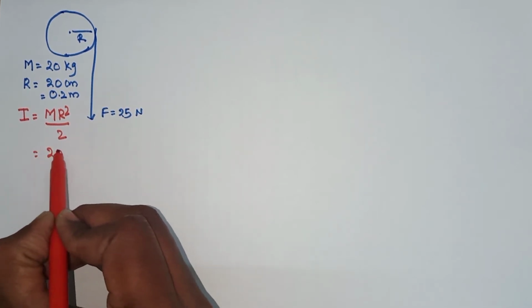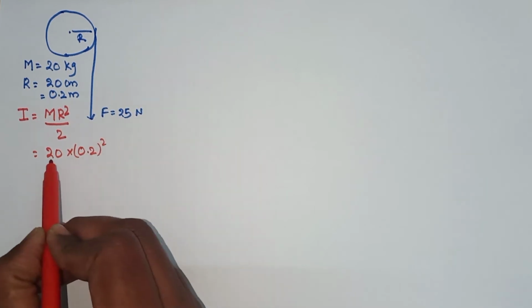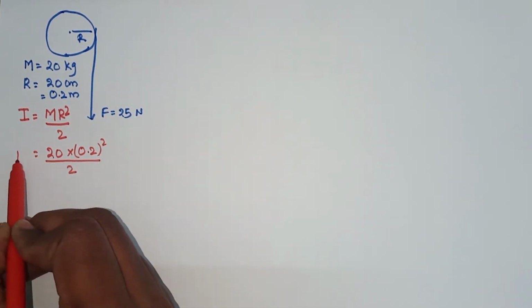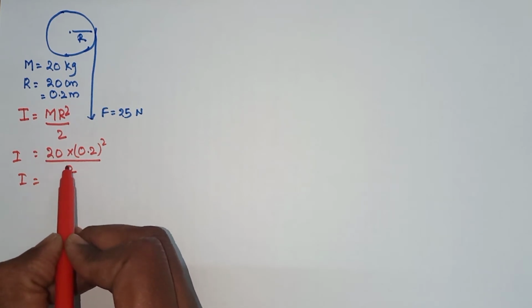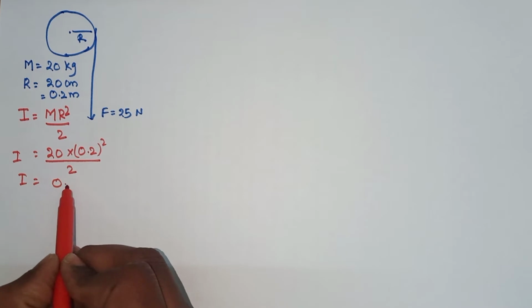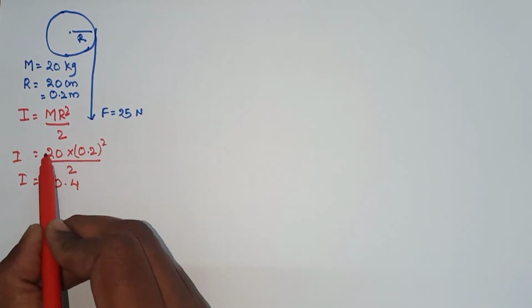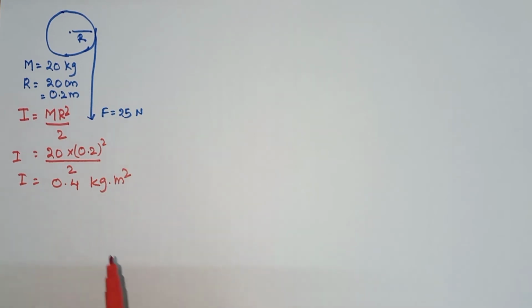M is 20 kg, r is 0.2, whole square, by 2. I is equal to 10 into 0.04, which is 0.4 kg meter square.